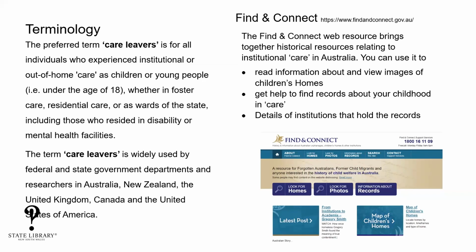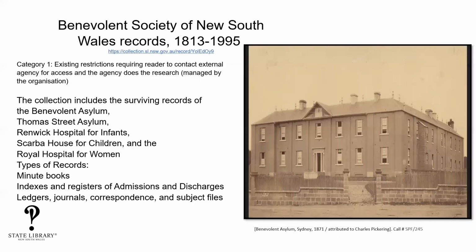So we're going to start with a look at the Benevolent Society records. The Benevolent Society of New South Wales, spanning from 1813 through 1995, came to the State Library in two consignments. The first in 1963. Between 1992 through 1996, the library received further consignments of records that encompass those years up to 95.